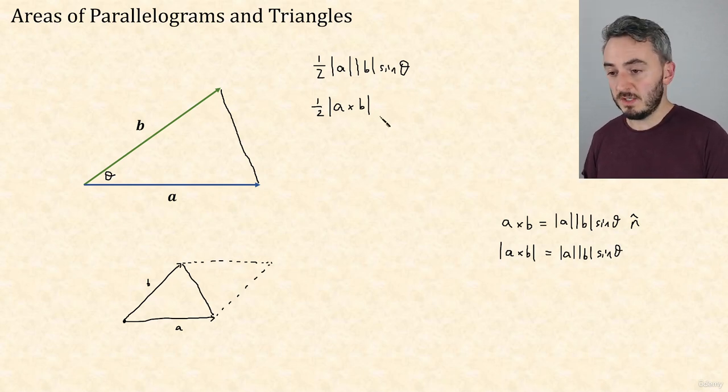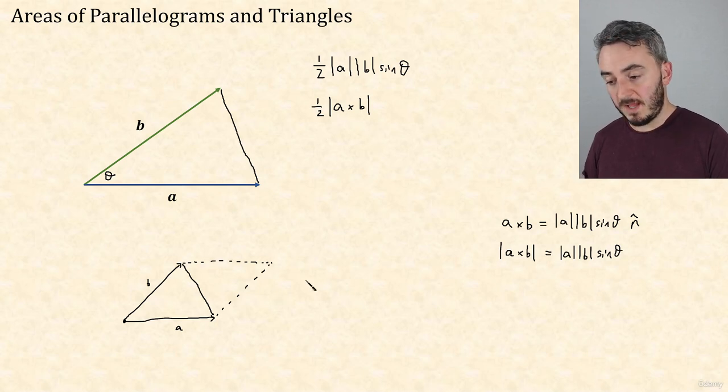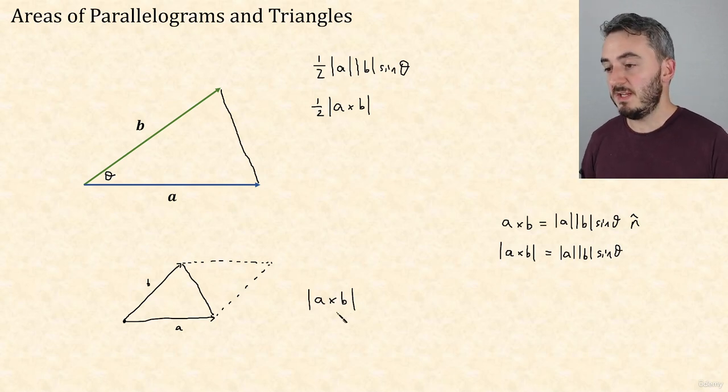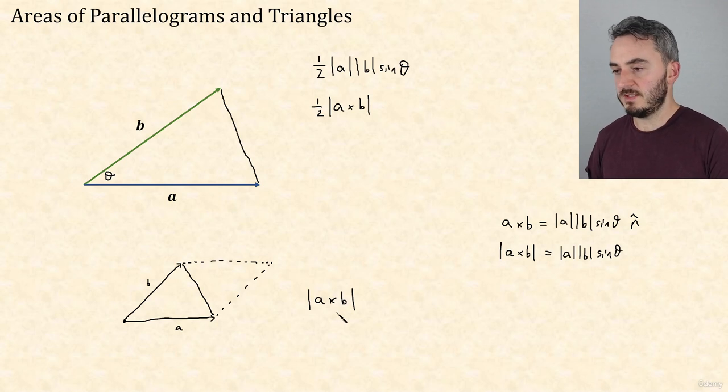So our triangle formula is half of the modulus of the cross product, and the area for a parallelogram is simply the modulus of the cross product. So it's a really neat way to find areas of triangles, something that would be a bit of a faff using the dot product. You need to be finding the angle and then using half ab sine C. Here we can just jump straight to it.